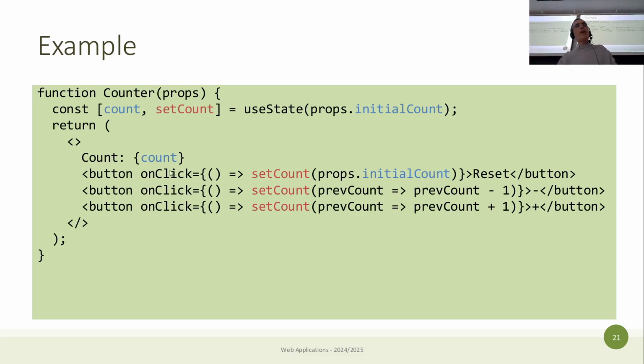This fragment of code shows count equal to something, and then it has 3 buttons with 3 different handlers. One sets count to the initial value. The other increases or decreases the value.